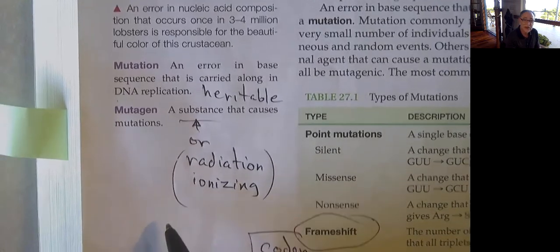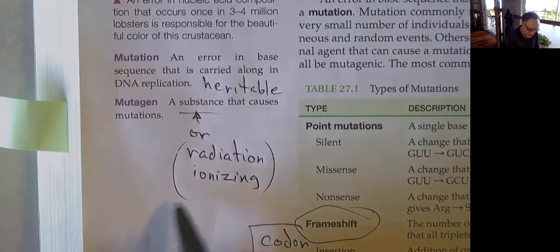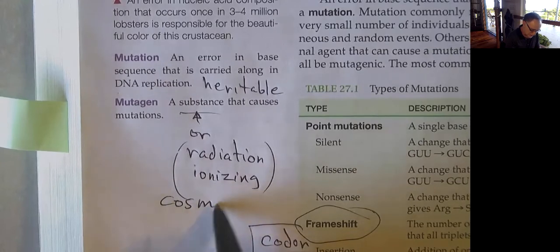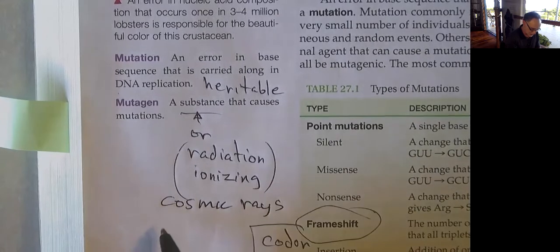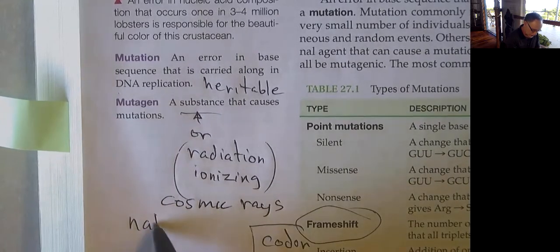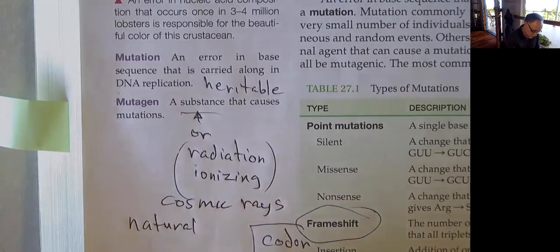So there is natural radiation, there are cosmic rays going through us from birth to death. There's natural radioactivity.